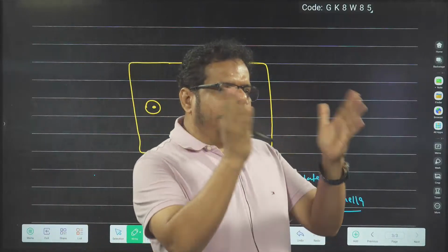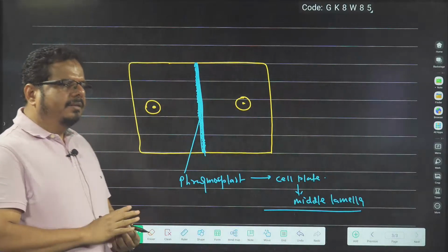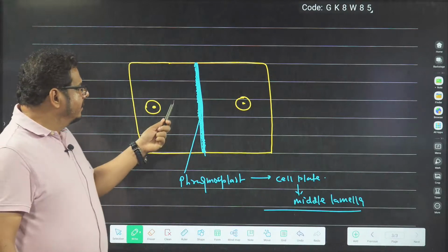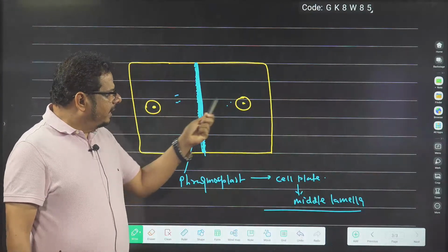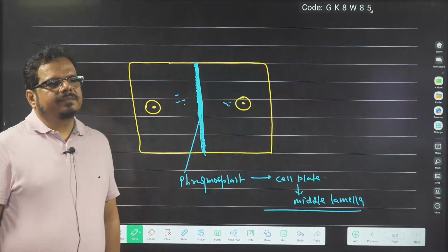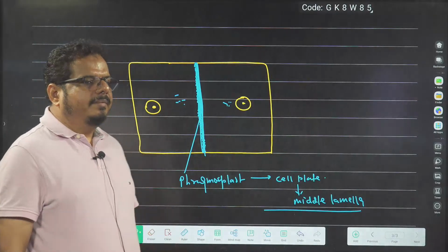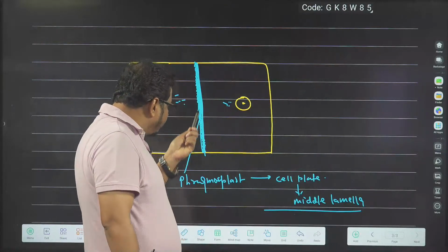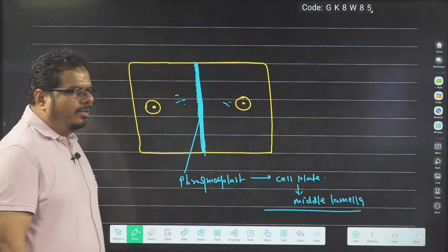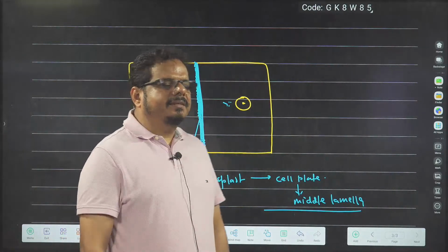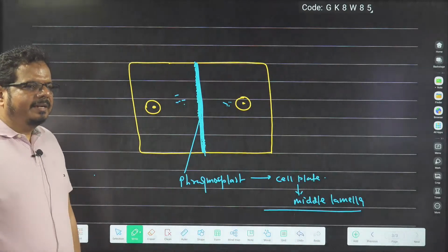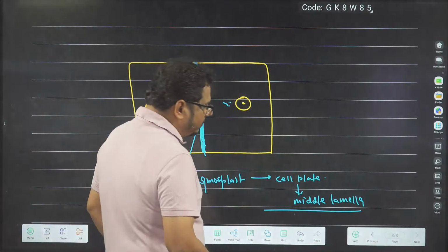It is not exclusively making it, but it is a part that plays a role in the formation of this phragmoplast during cell division in a plant. I will tell you how cell plate formation occurs when we teach cell division. As I told in the beginning, there is a right place to deal with everything, so this is not the right time to go into more detail about the phragmoplast.